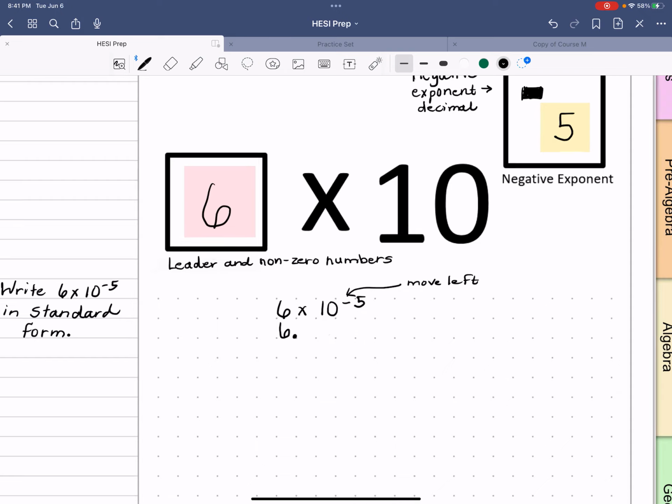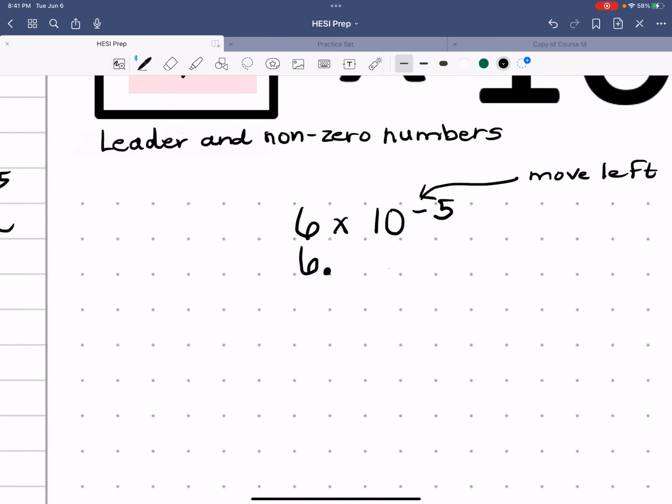So here's what I'm going to do, and I literally draw the scoops. Here's 1, 2, 3, 4, 5. And you see how I've drawn 5 scoops. Last time I drew lines, but we were going to the right, so this is a little different. We're going to do 5 of them.